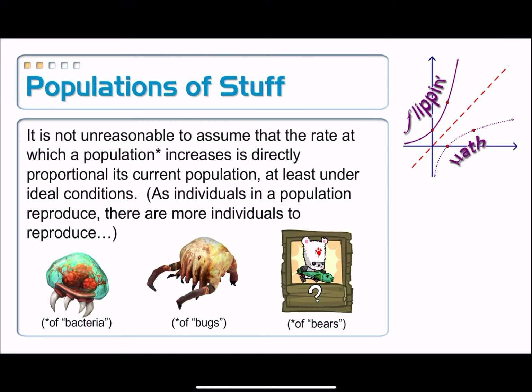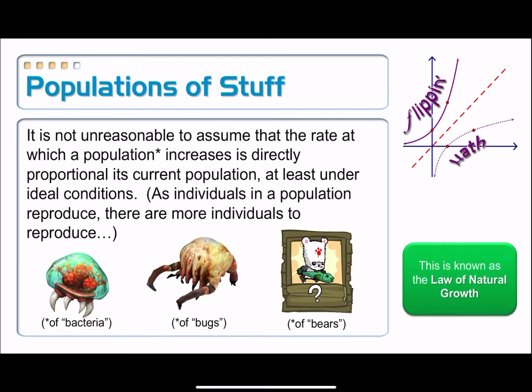So under some ideal conditions, it's not unreasonable to assume that your population growth rate is proportional to the population. And what that means is, essentially, as the individuals in your population reproduce, well, you have more people in that population to reproduce, right? So your population just gets bigger and bigger and bigger. And what populations are we talking about? Maybe they're bacteria, maybe they're bugs, maybe they're bears.